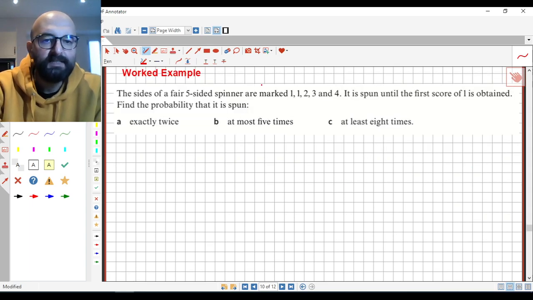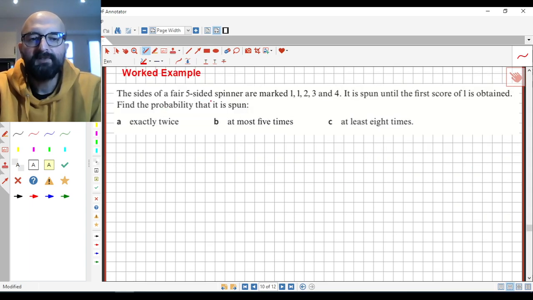Okay, and the other question. The sides of a fair 5-sided spinner are marked 1, 1, 2, 3, and 4. It is spun until the first score of 1 is obtained. So our success is to obtain 1.